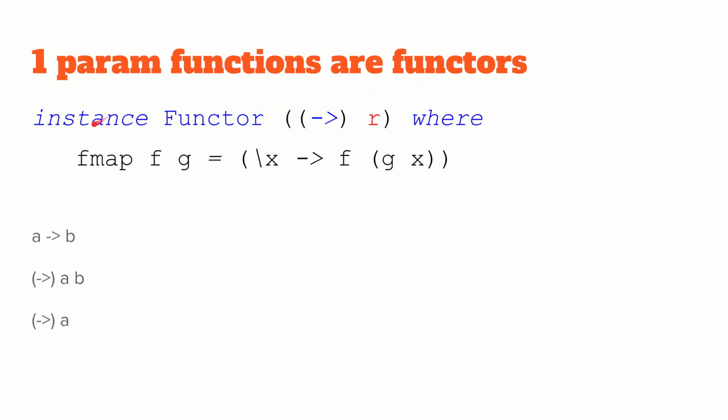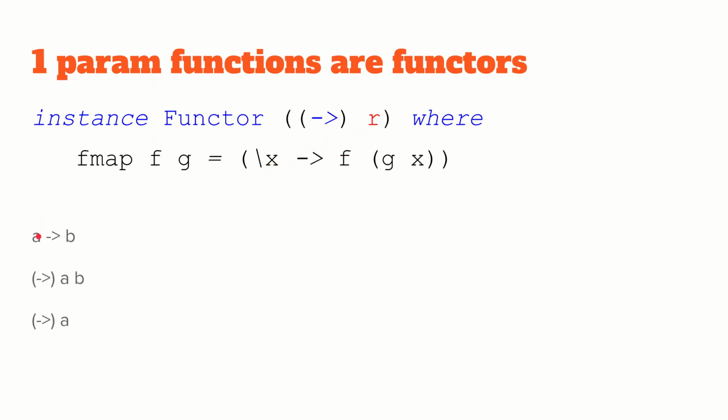So just a little note on how to read this. This is the implementation of the Functor type class for functions, and so this arrow R, I'll show you how to read that here.